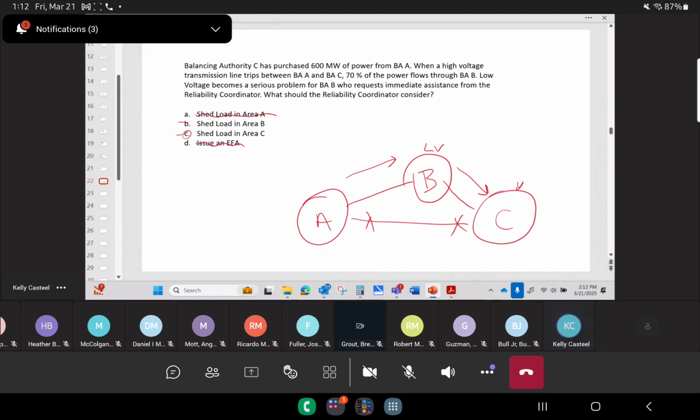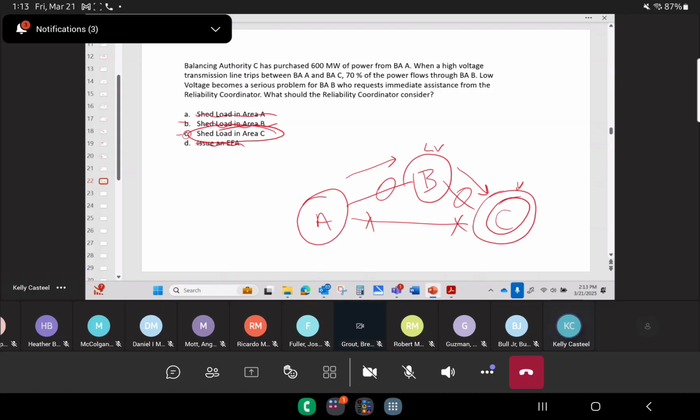And of those, if we shed load in area Charlie, that's going to unload this transmission line some and that transmission line, which would give us more relief from a voltage standpoint for Bravo. So that one is going to be the better option of those listed.